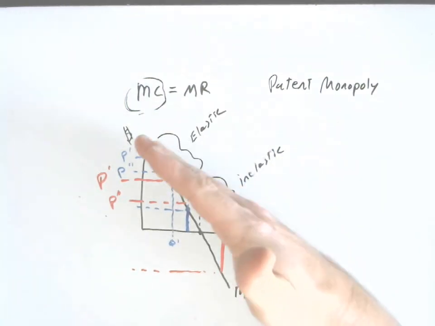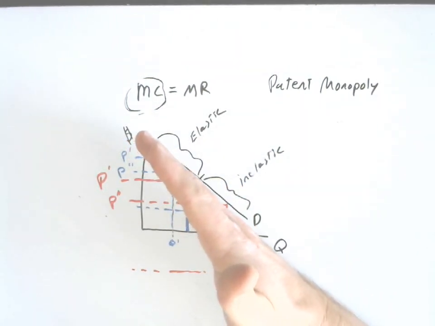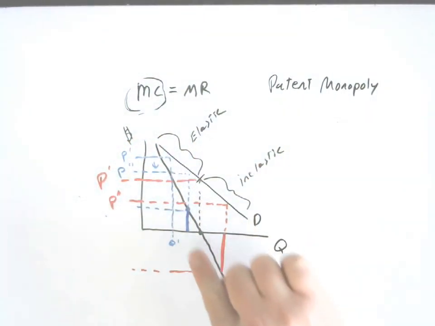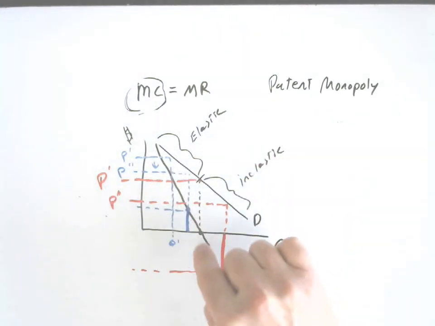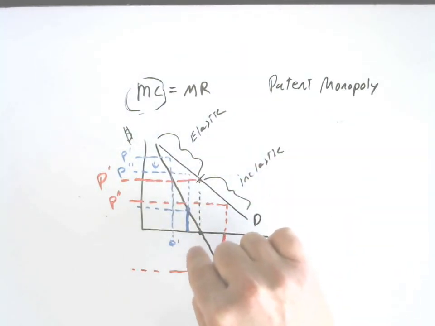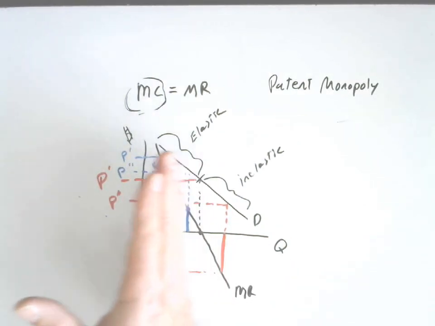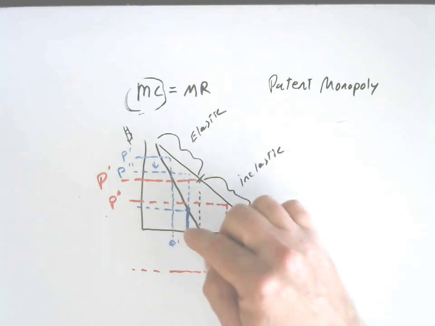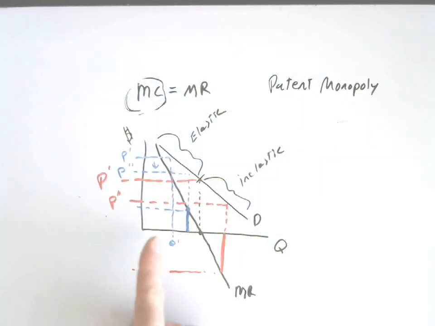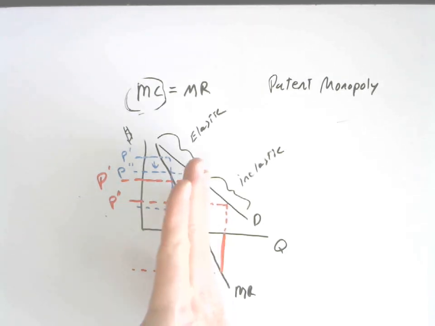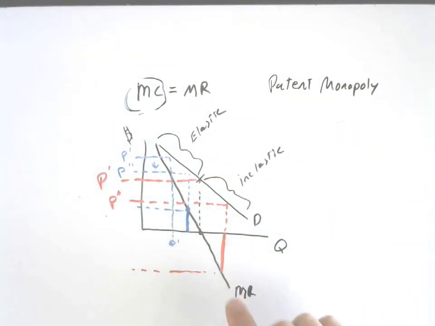The question then is, where below the demand curve does it lie? Well, it must lie in such a fashion that it crosses the horizontal axis at the midpoint of the demand curve, because that's where marginal revenue is 0. Lowering prices at quantities related to price levels to the left of that midpoint necessarily means I'm increasing revenue. Beyond that point, I'm decreasing revenue because marginal revenue is negative.